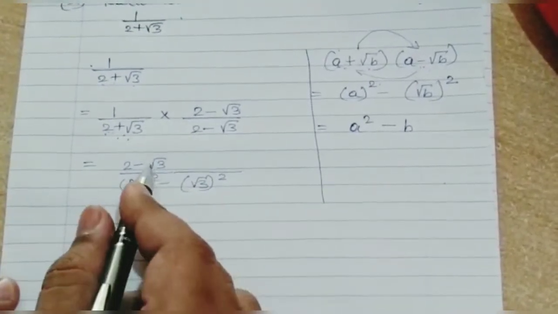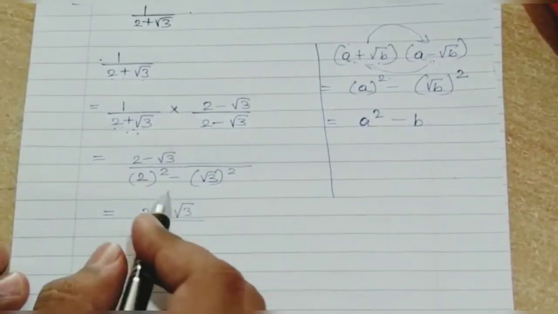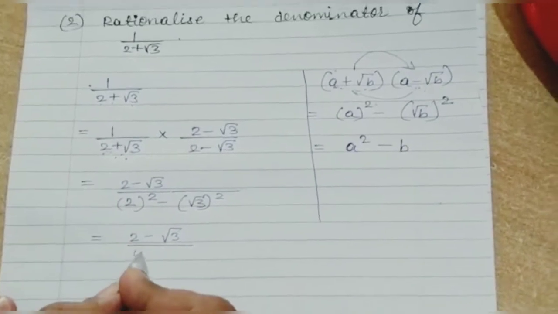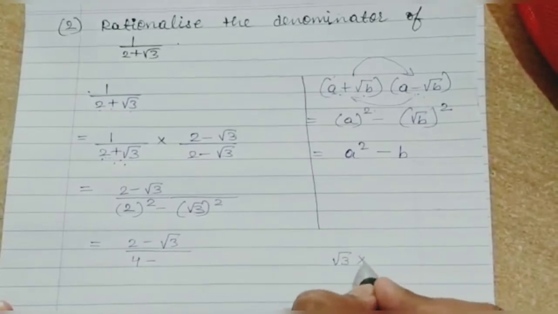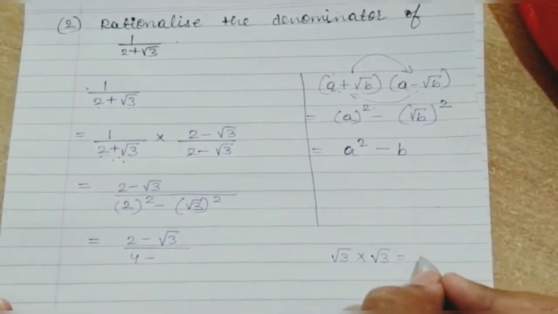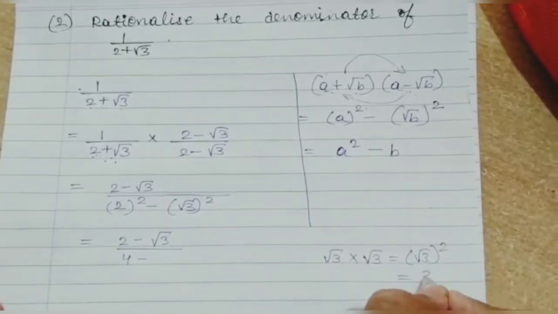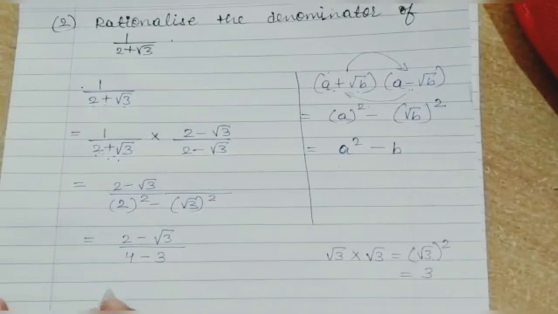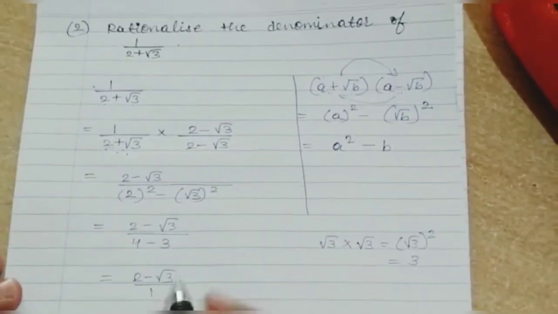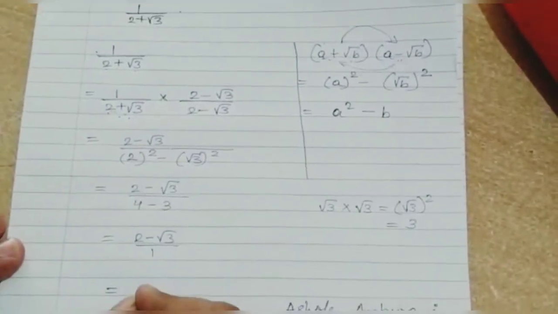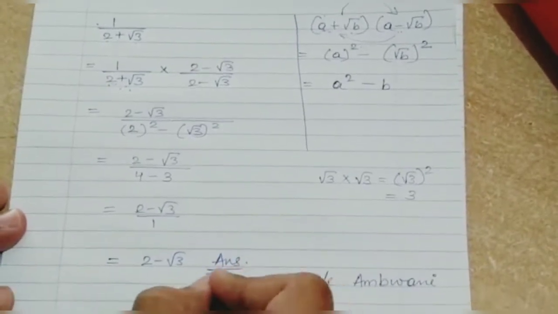So the numerator will be the same, 2 minus root 3, divided by 2 square, which is 4, minus root 3 square. Root 3 square means root 3 multiplied by root 3, and the square and square root cancel, giving 3. So 4 minus 3 can be kept here. So 2 minus root 3 divided by 1, and since 1 is in the denominator we should not write it, and this will be your final answer.